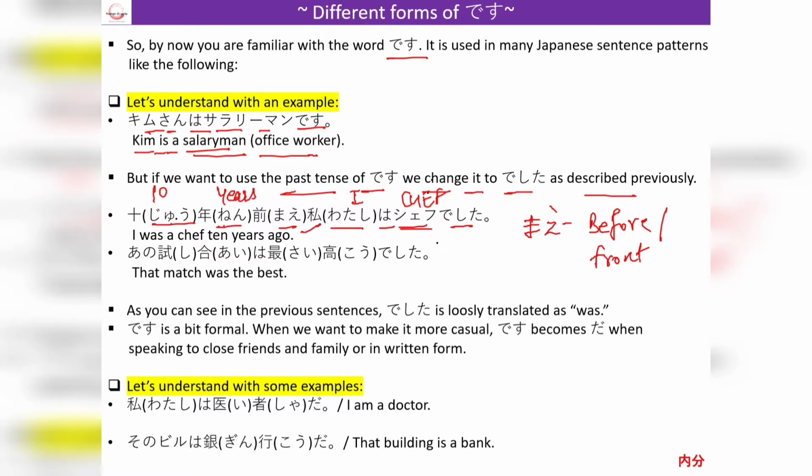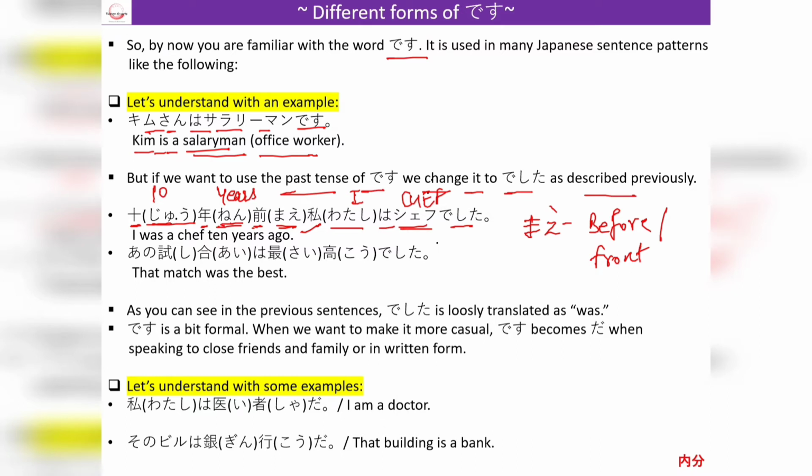And why I have written it in bracket, because this is the kanji of juu, this is the kanji of nen, this is the kanji of mae. So I have written the readings of every kanji next to that, so that you can identify the kanji as well.